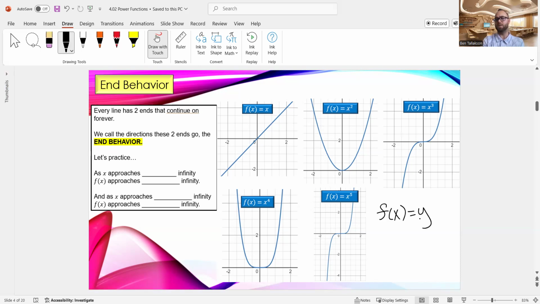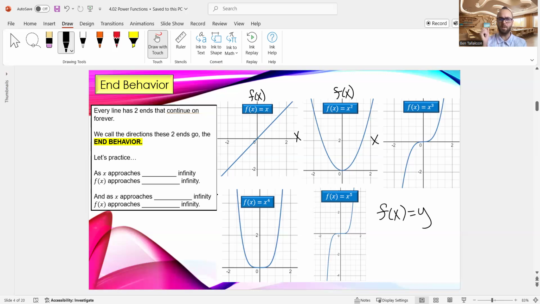F of x just means you're dealing with a function, and y means you're dealing with an equation. So you could call the y-axis also the f of x axis. The x-axis is just going to stay the x-axis.